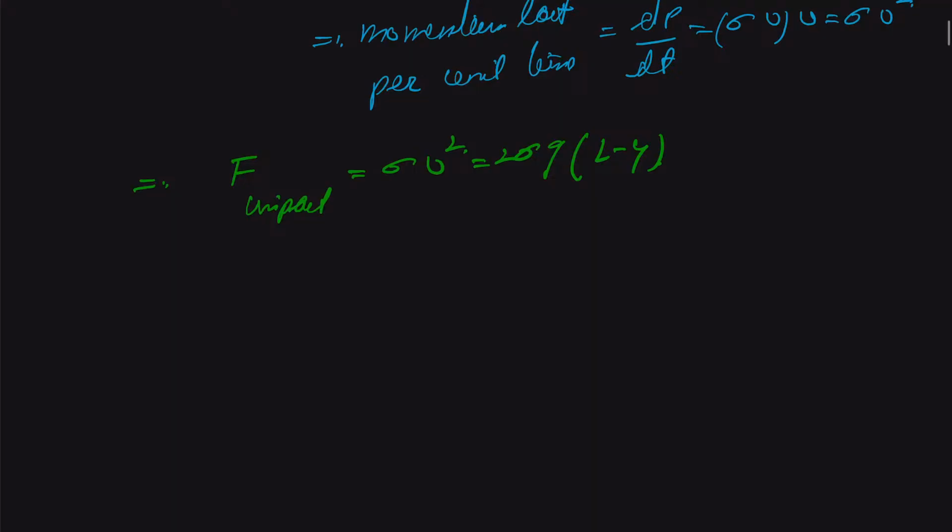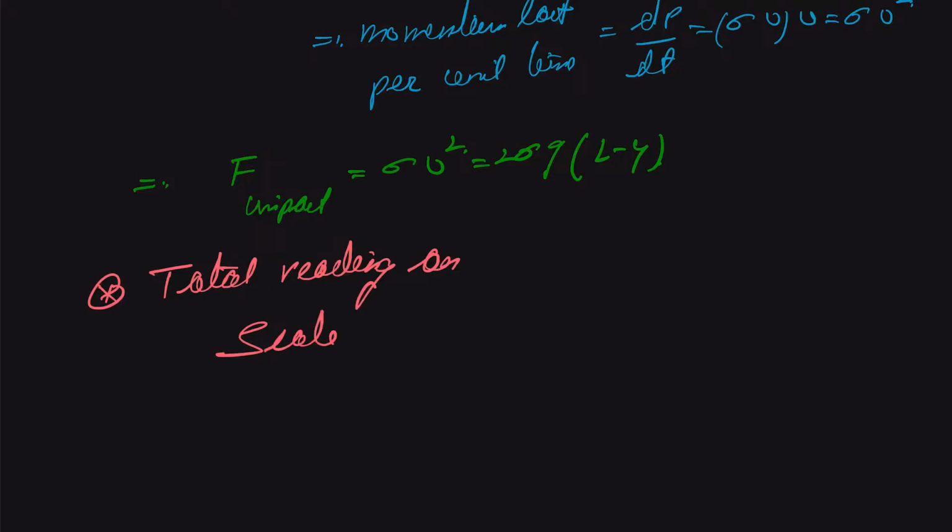Now we can easily find out the total reading on the scale. And that is nothing but our normal, and that's dependent upon the length y, will be equal to F weight plus F impact.